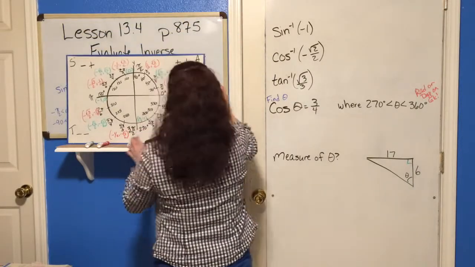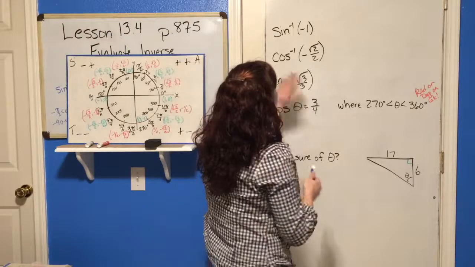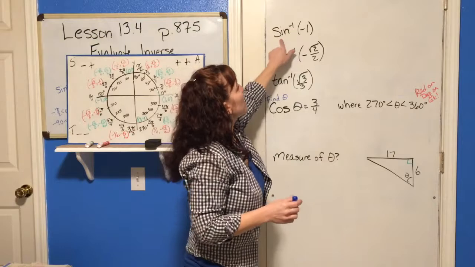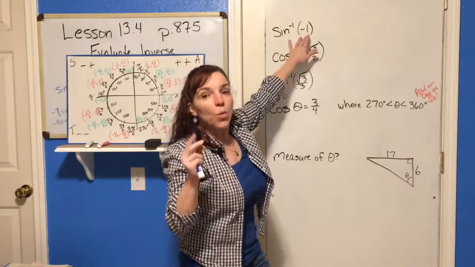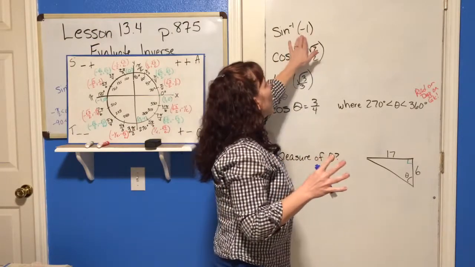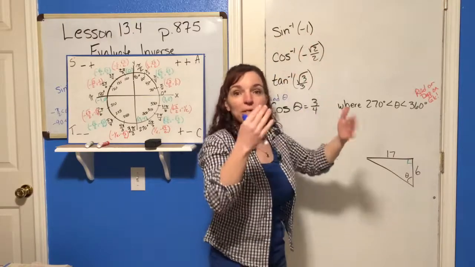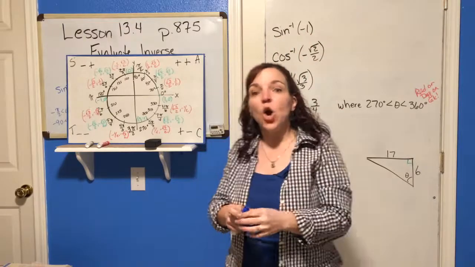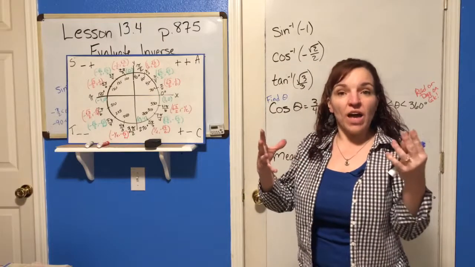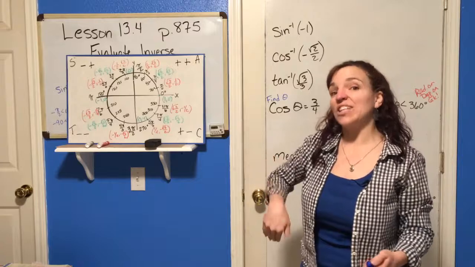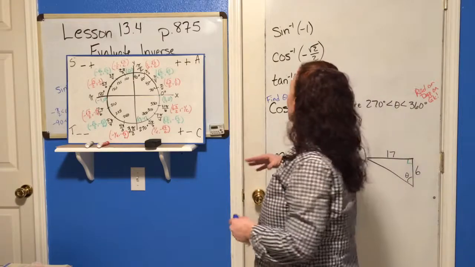If I want the inverse sine, so this little -1 means inverse sine. The inverse sine of -1, what I'm saying is, where is the sine equal to -1? At what measurement? And in the homework, I'll ask you for the degree measurements, the angle measurements in degrees and in radians. So you'll need 2 answers for each of these.